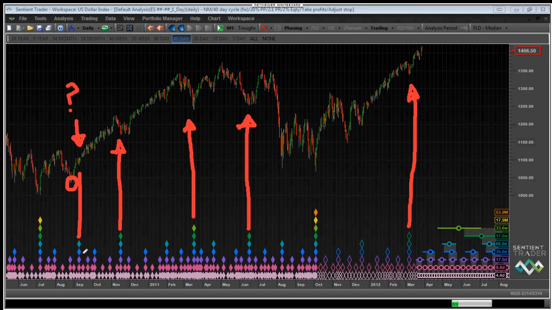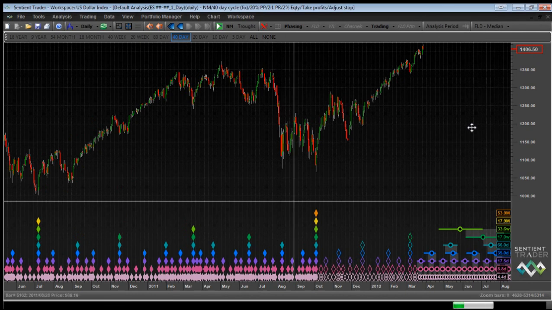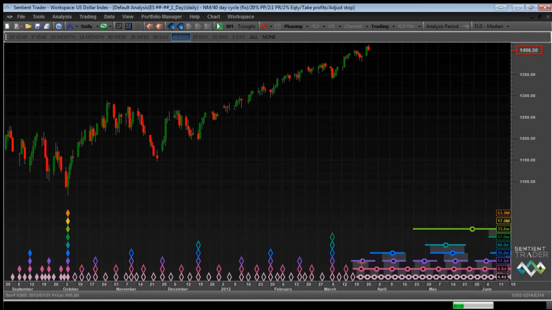You should realize that where the diamonds are filled in, the exact placement of the shorter term cycle troughs is not critical, because it's not going to affect your trading decisions that you're making today at all. So in fact, the really important part of the analysis for you is really the region where the troughs are hollow.